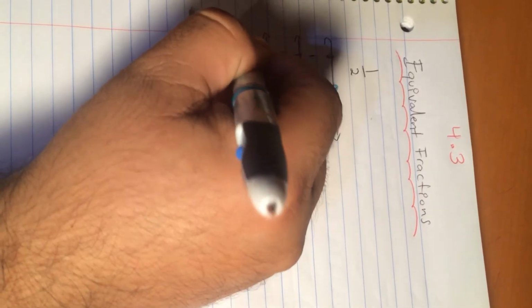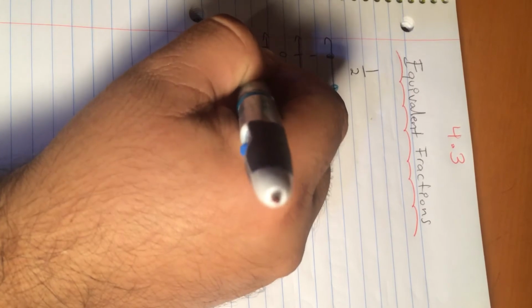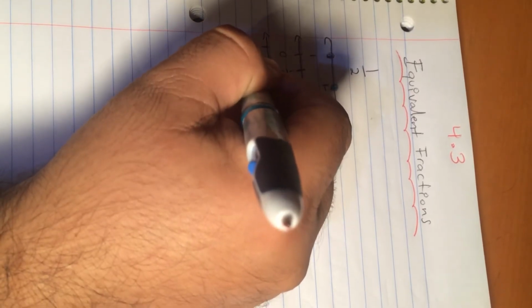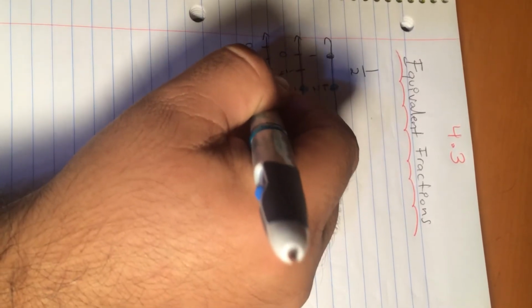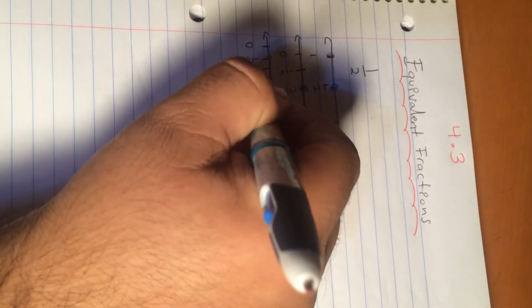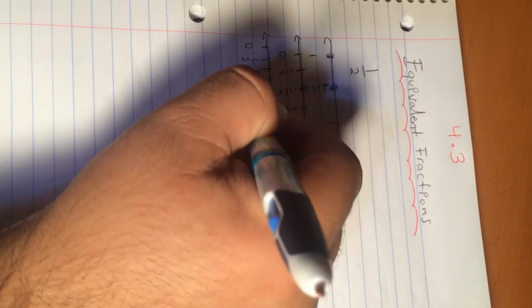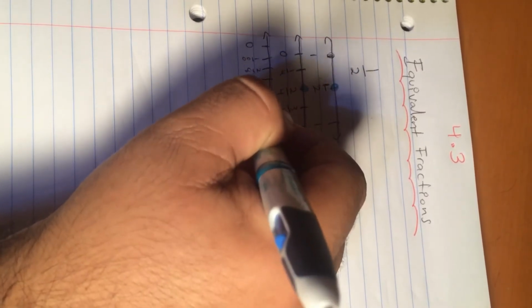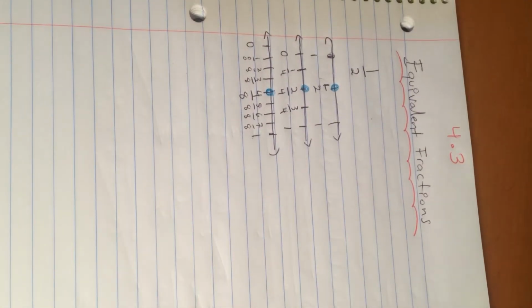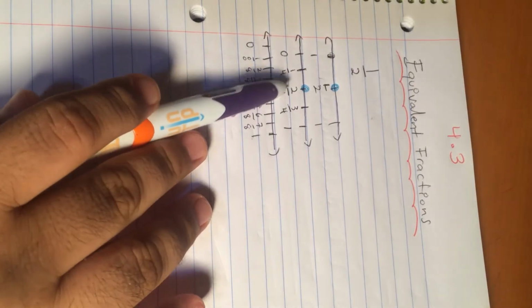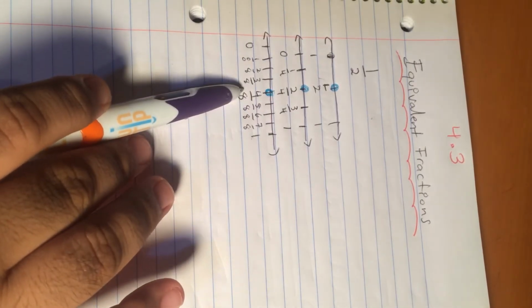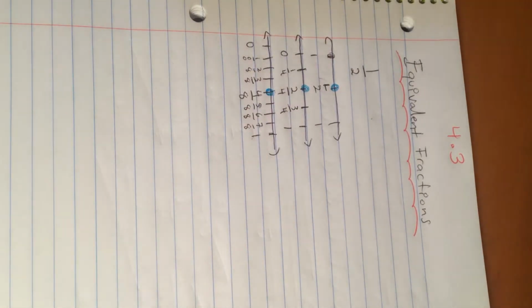This is going to be 1/8, 2/8, 3/8, 4/8, 5/8, 6/8, 7/8, and 1. If you notice, this point here is 4/8, and that is an equivalent fraction of 2/4, and 2/4 and 4/8 are equivalent fractions of 1/2.